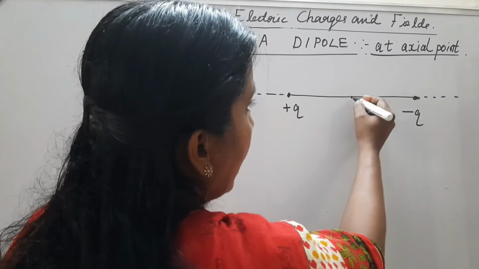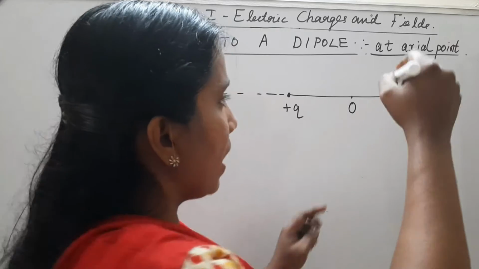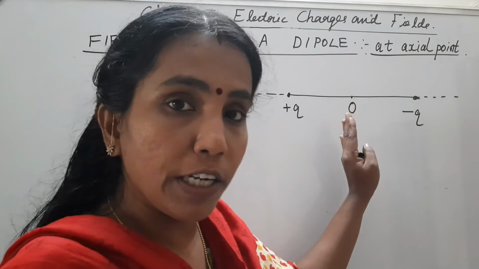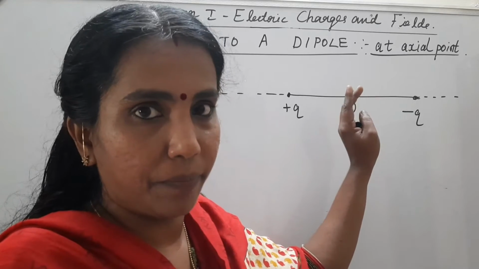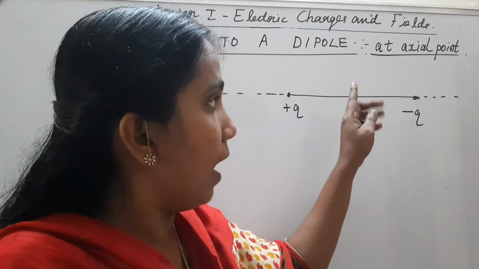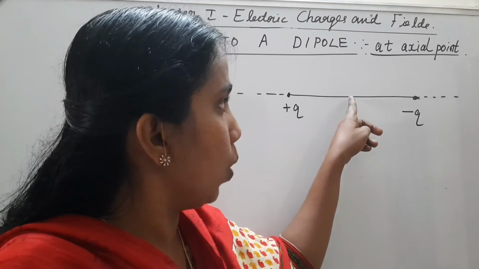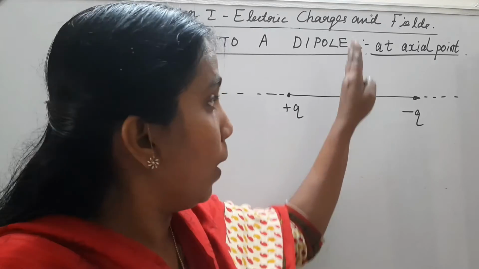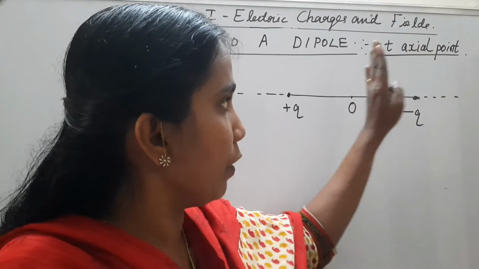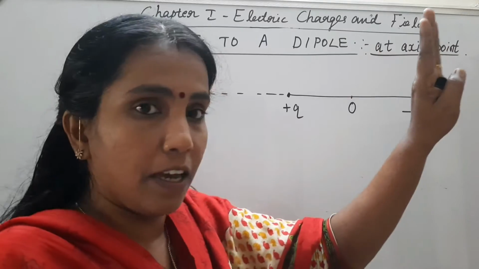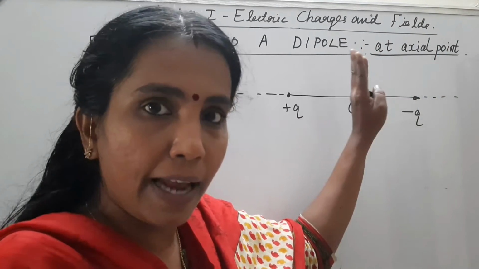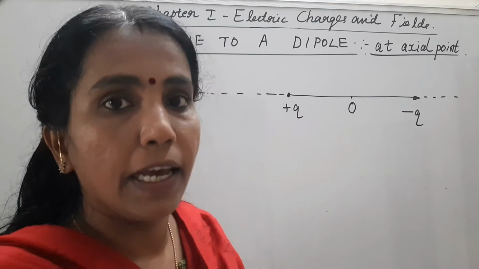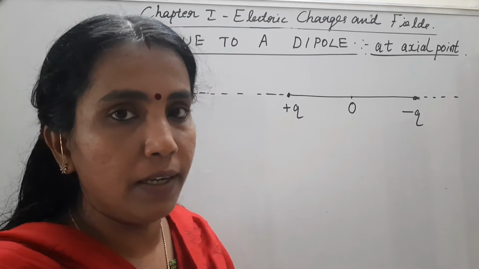Now, a plane which passes through the midpoint of the dipole perpendicular to its axis. I repeat, what did I say? A plane which passes through the midpoint of the dipole, perpendicular to it. If you imagine a plane like this, perpendicular to the dipole and passing through the midpoint, that plane is called the equatorial plane of the dipole.